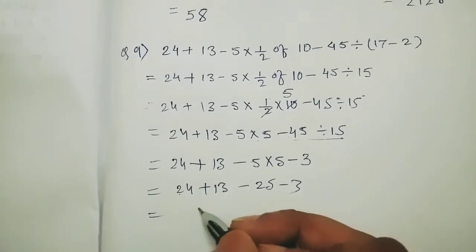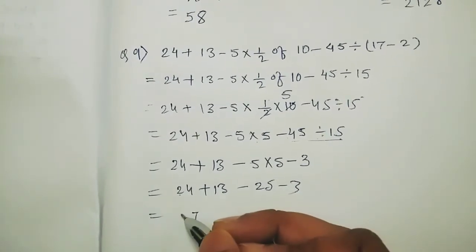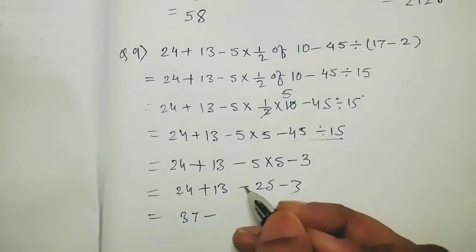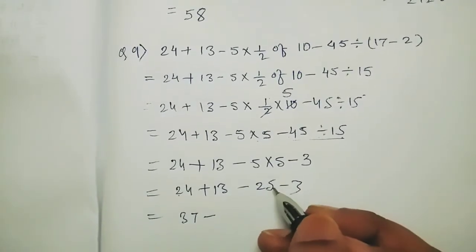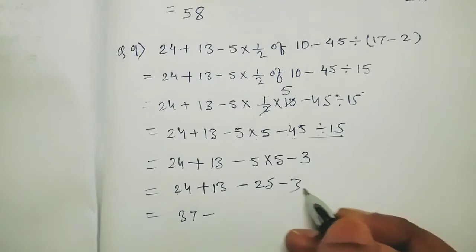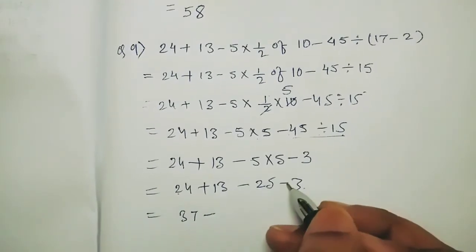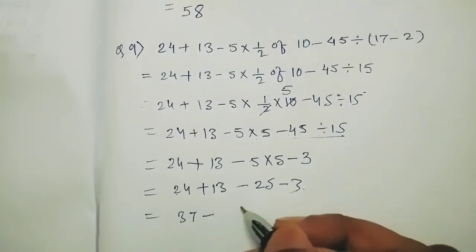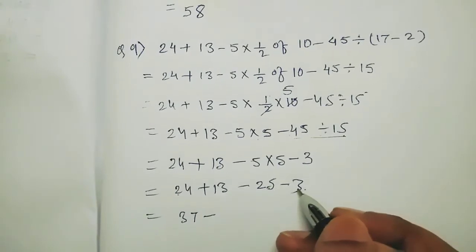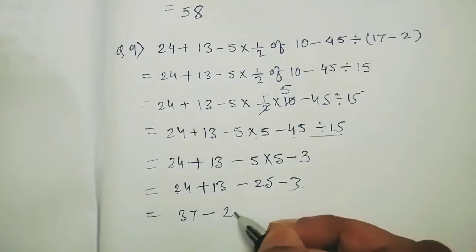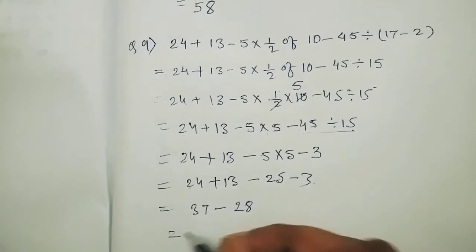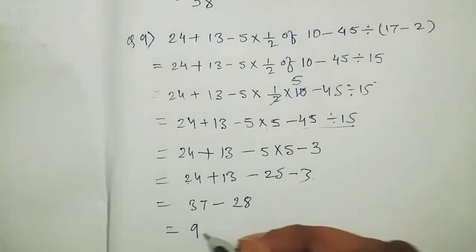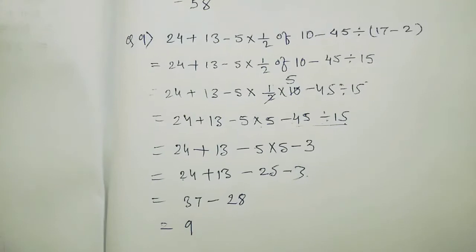So 24 plus 13 is what? 37, then minus 25 minus 3, that means they will add each other. If they are of same sign, they will add each other. 25 plus 3 is 28. So 37 minus 28 is 9. So this is the answer. Understood?